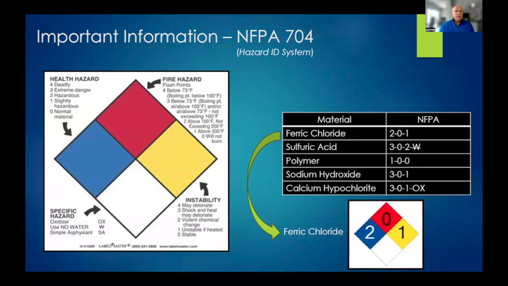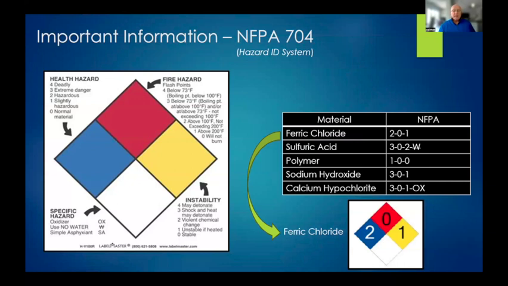Something like water would have a hazard rating of 0. Something like a reactive material, something that's highly reactive, or something along the lines of, say, chlorine would have a very high rating, something of a 3 or a 4. Then moving on to the box for fire hazard, ferric chloride is rated 0, it won't burn.